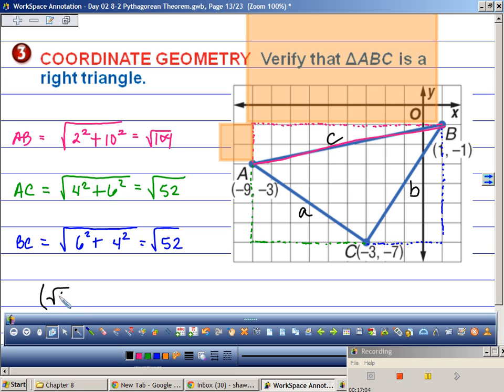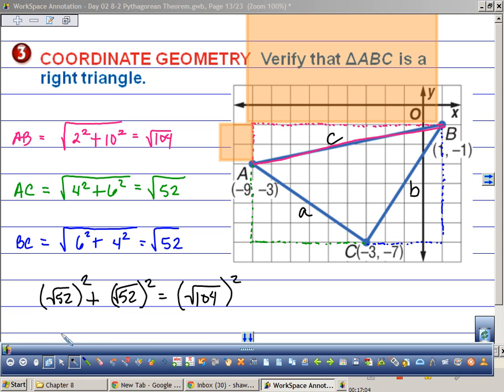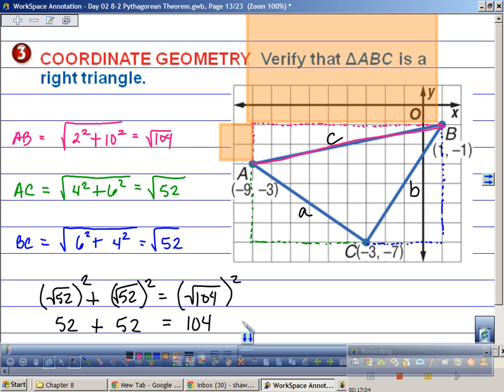So A squared plus B squared should equal C squared, correct? A square root and a square cancel each other out. Is 52 plus 52 104? So is this a Pythagorean triangle? Is it a triple? It is not a triple.